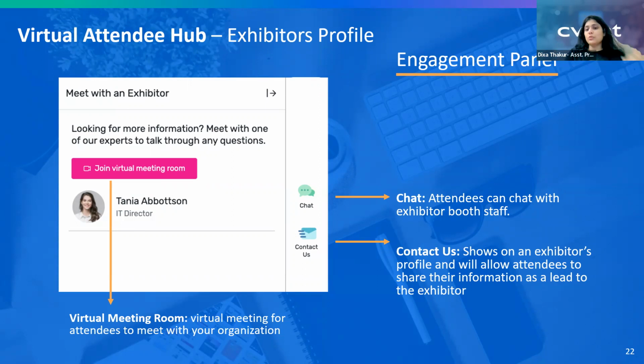For example, that your booth hours would be open on this day from this time till this time, so that when your attendees visit your profile, they're able to read it and engage with you during that hour.